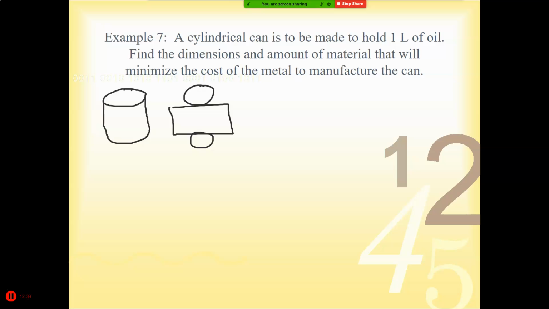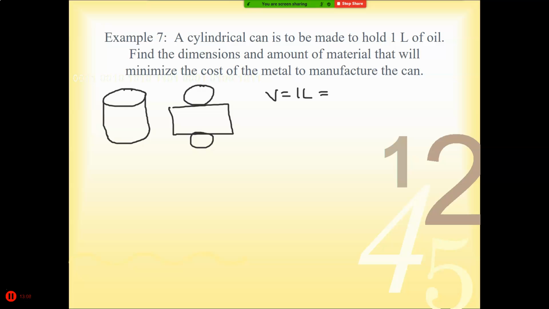So if we're told it can hold 1 liter of oil, 1 liter of oil would represent volume. But we don't like to talk about volume in terms of liters, because that doesn't give me a concept we can relate to surface area or volume in terms of length and height.